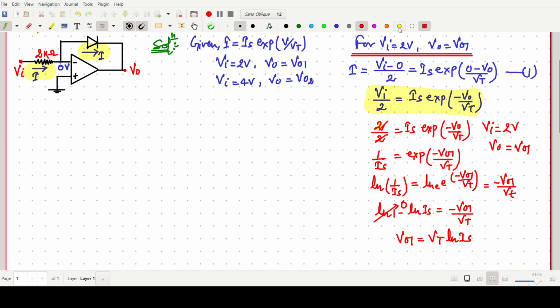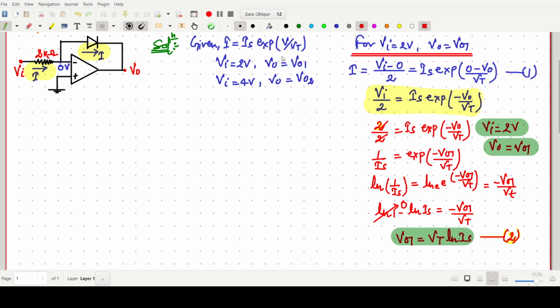Okay, so this one is the important relationship. By considering this one, Vi equals to 2 volt, V naught 1. I am saying this one is equation number 2.